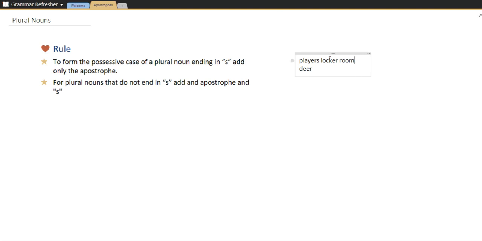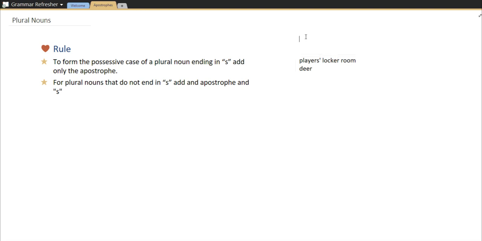well, the locker room here belongs to the players. So if I look at my rule, to form the possessive case of a plural noun that ends in S, you add only the apostrophe. And that apostrophe is now a symbol after the S to note we're talking about more than one player.